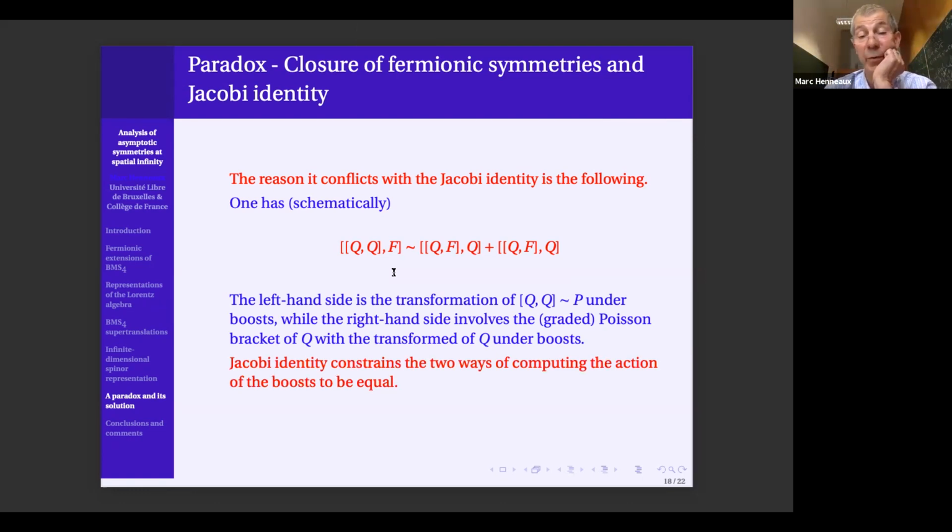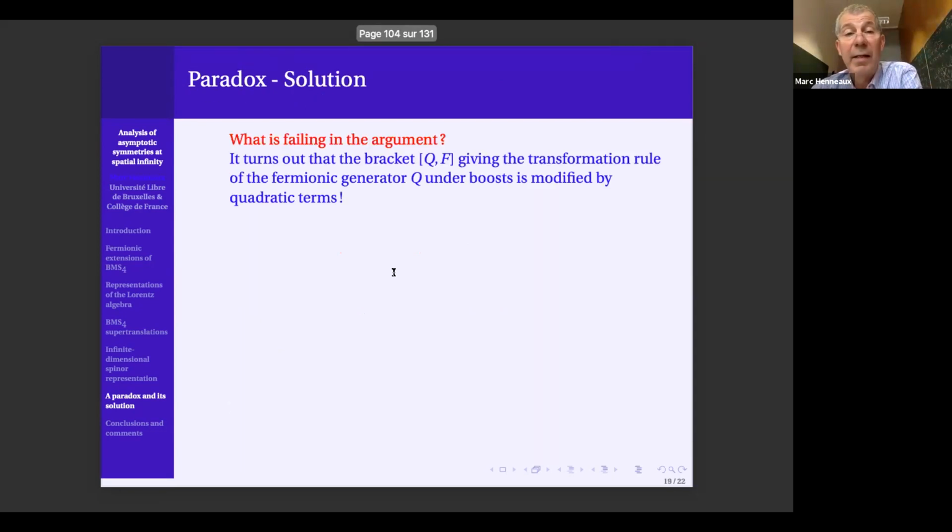Because if you compute the action of the boost on the super translation using the 2 sides of the Jacobi identity, which I have written in this way, I can rewrite the Jacobi identity this way, I have a problem. And what is failing in the argument is in fact that the Poisson bracket giving the transformation of the fermionic generators on the boost is modified by quadratic terms.